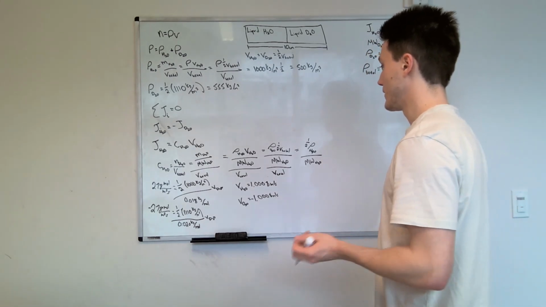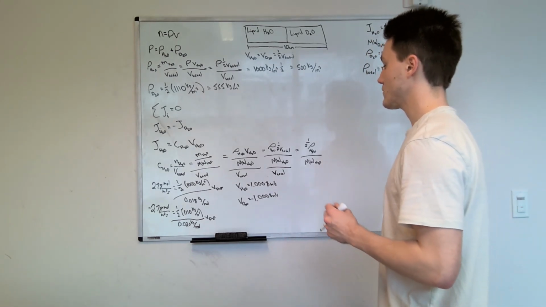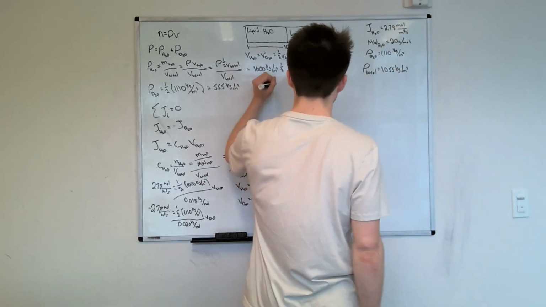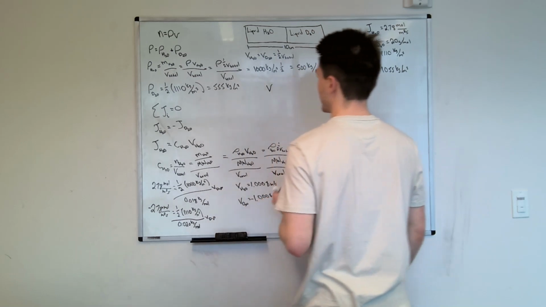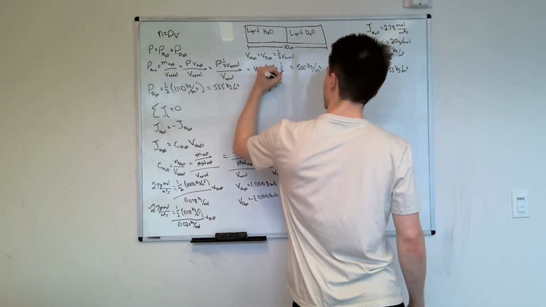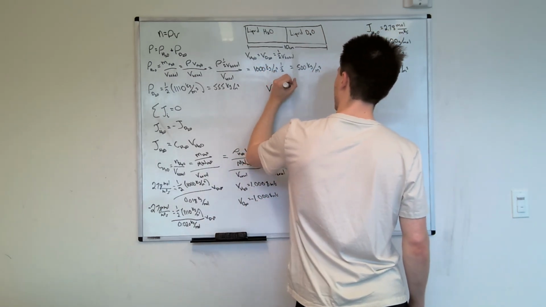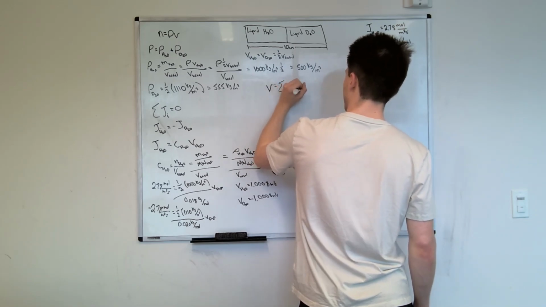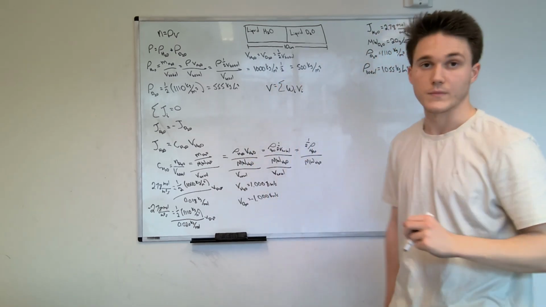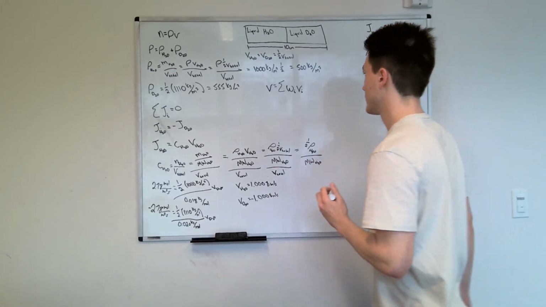And so we know that the total mass average velocity is equal to the sum of the mass fraction multiplied by the mass average velocity.